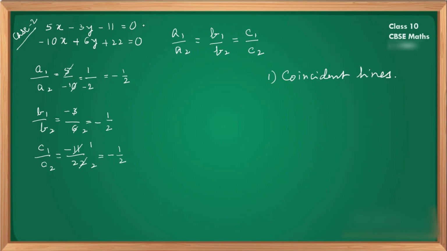I'll explain what it is. As I said, we are doing this graphically. Don't forget that. We are doing the graphical method for getting the values of x and y. For that, you need to draw lines. We draw one line for this equation, and another line for the second equation.